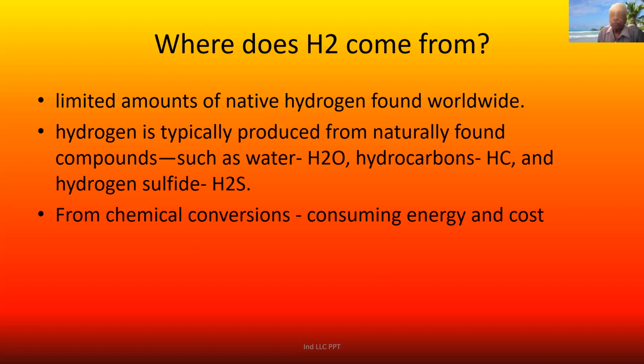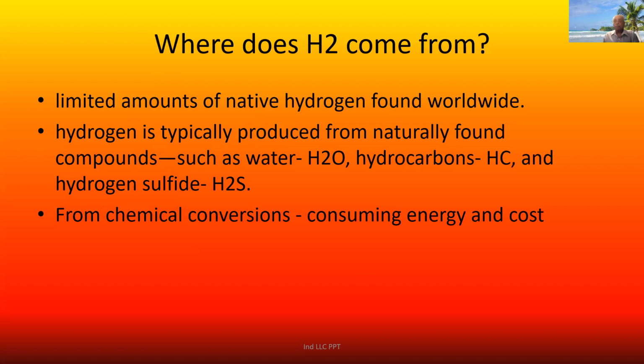We know there is only a limited amount of native hydrogen found worldwide. Hydrogen is typically produced from naturally formed compounds such as water containing oxygen, hydrocarbons containing carbon, hydrogen sulfide containing sulfur.